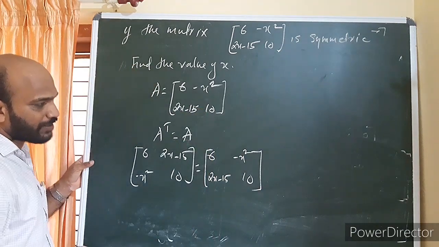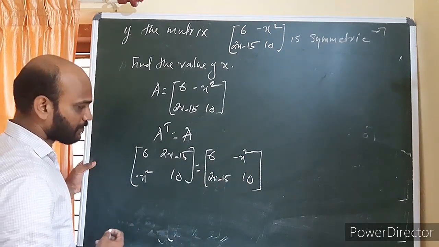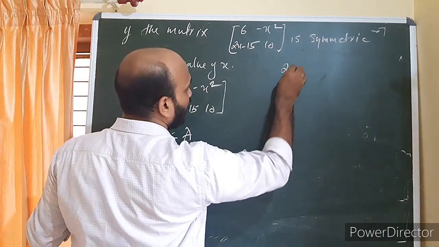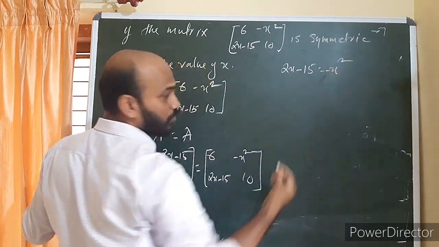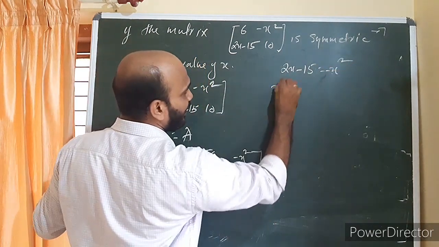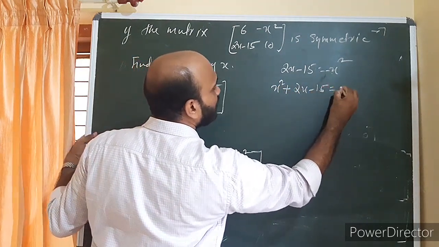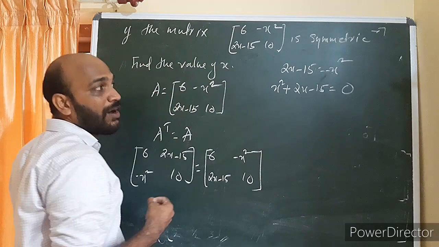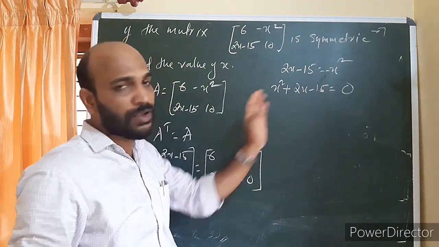Now how we can find the value? We can just equate corresponding terms. So we'll get 2x minus 15 is equal to minus x square. That means x square plus 2x minus 15 equal to 0. We want to find two numbers, product equal to minus 15, sum equal to 2.